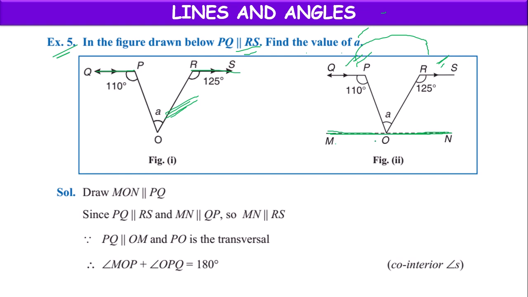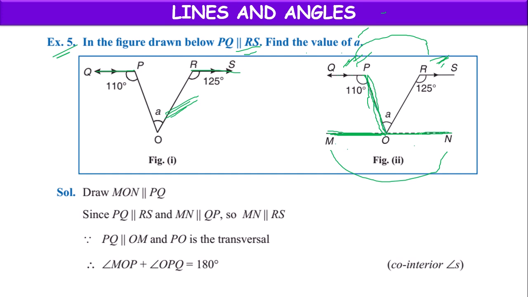PQ is parallel to OM, and PO is the transversal.